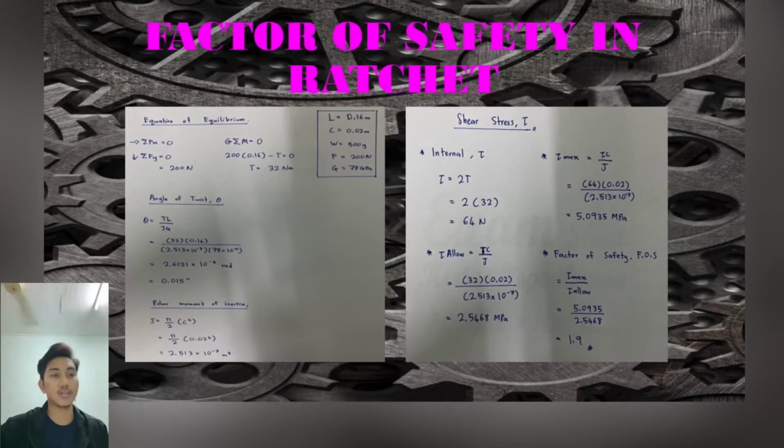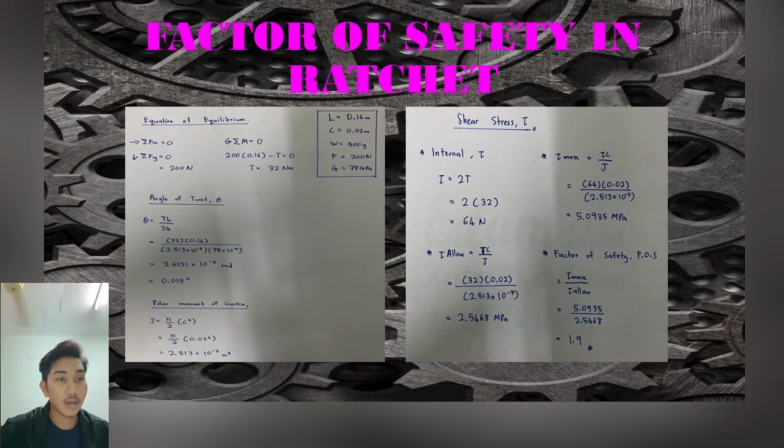Okay, next is factor of safety in the ratchet. You can look at the slide. Equation of equilibrium: the equation is what I just presented before.